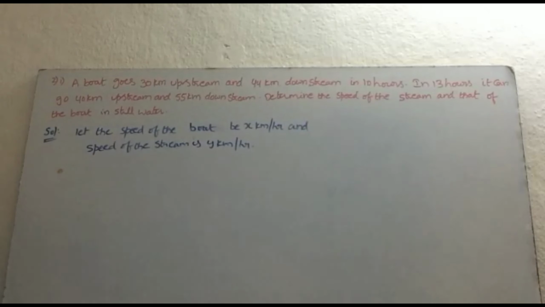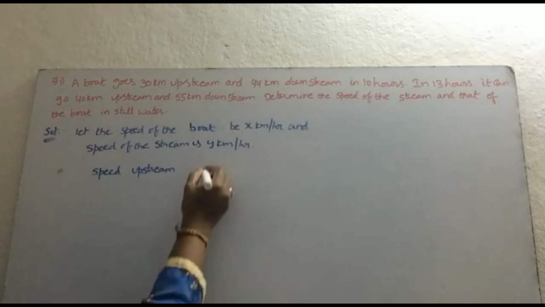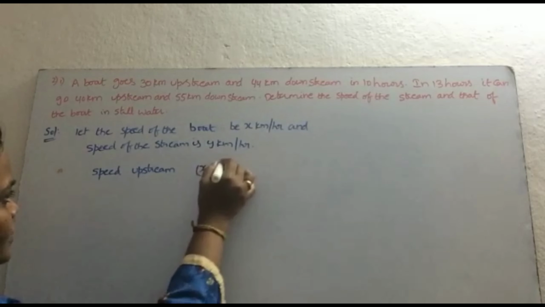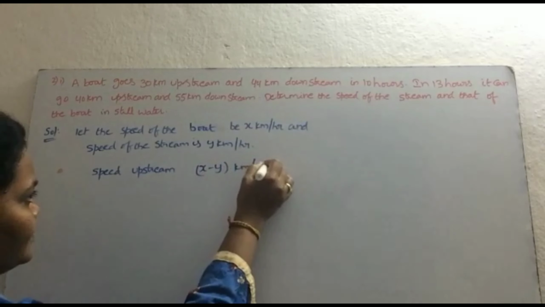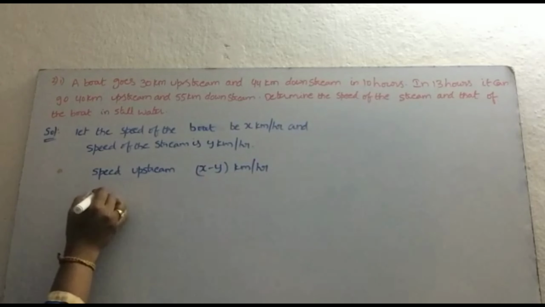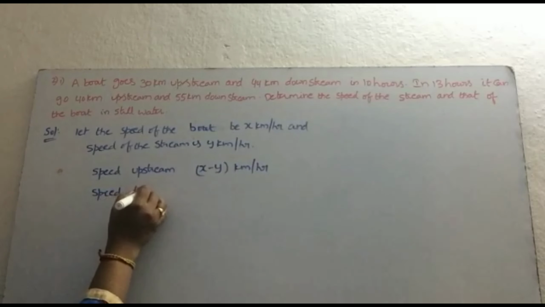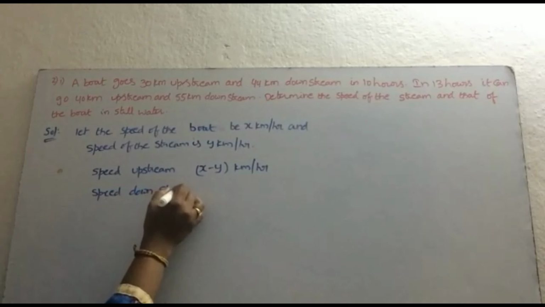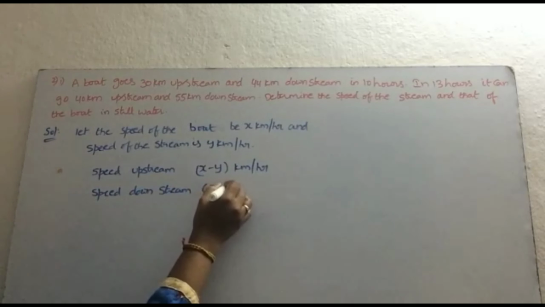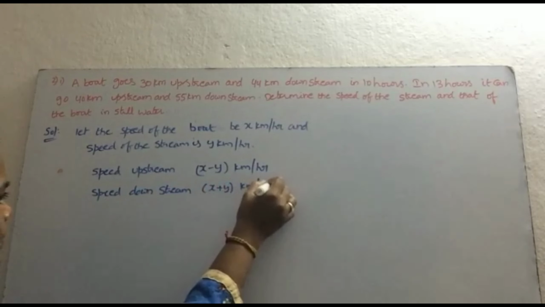If the boat speeds upstream, then it will go x minus y kilometers per hour, and speed of the boat at downstream, it will go x plus y kilometers per hour.